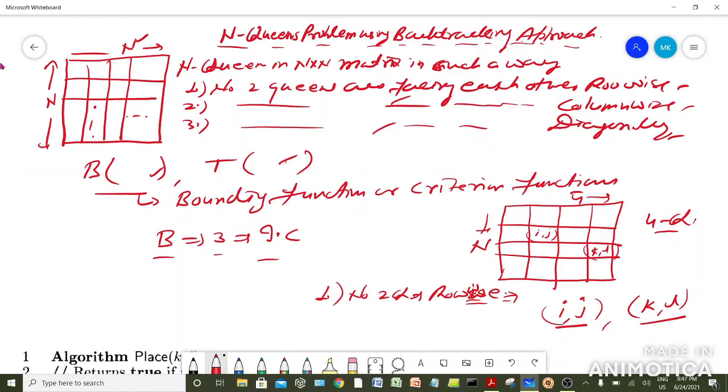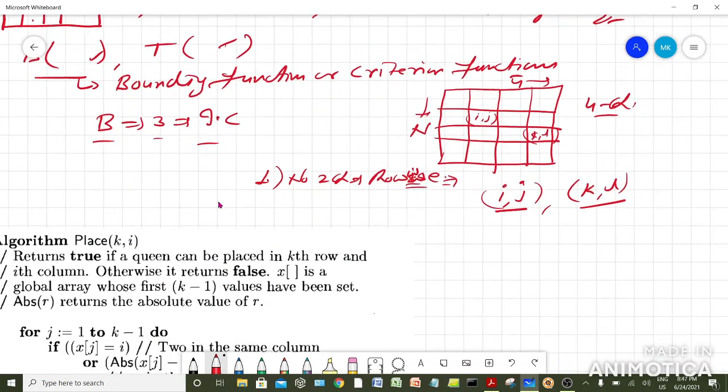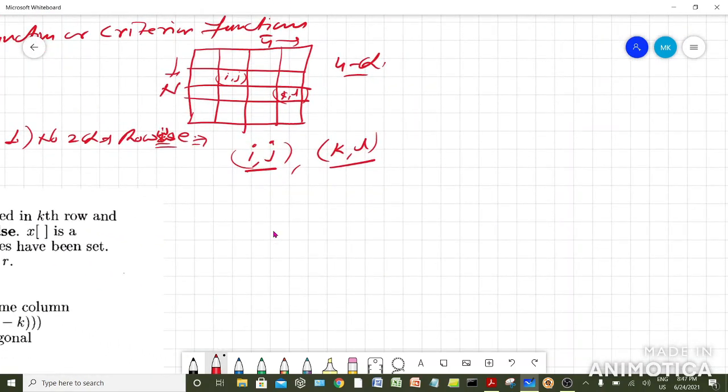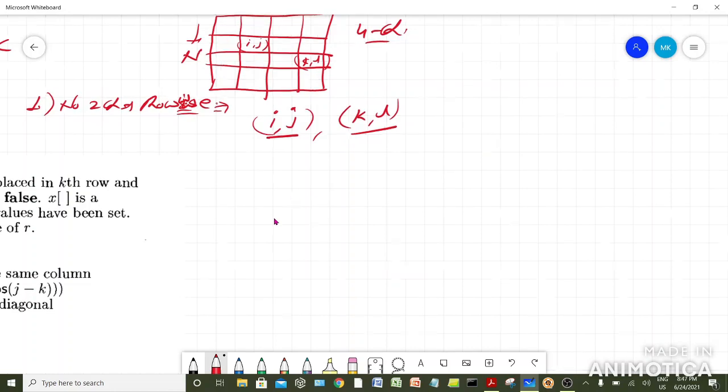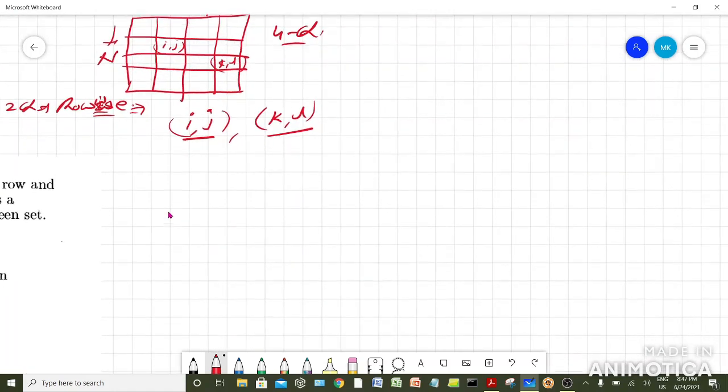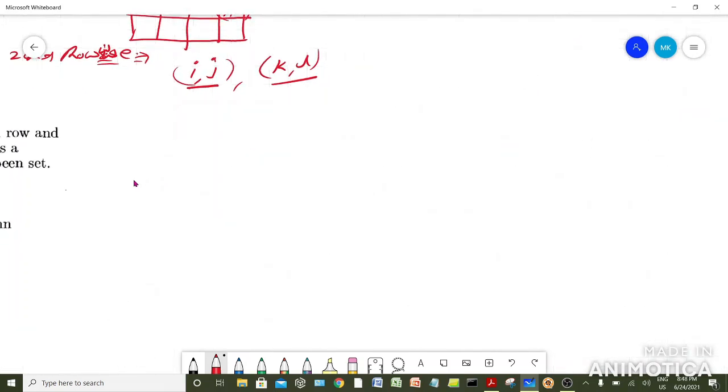We are assuming that the (i, j) position was already filled with a queen. Now we wish to have a queen at the (k, l) position. What should be the method to check if the queen to be placed at the (k, l)th location will be facing the (i, j)th queen row wise?